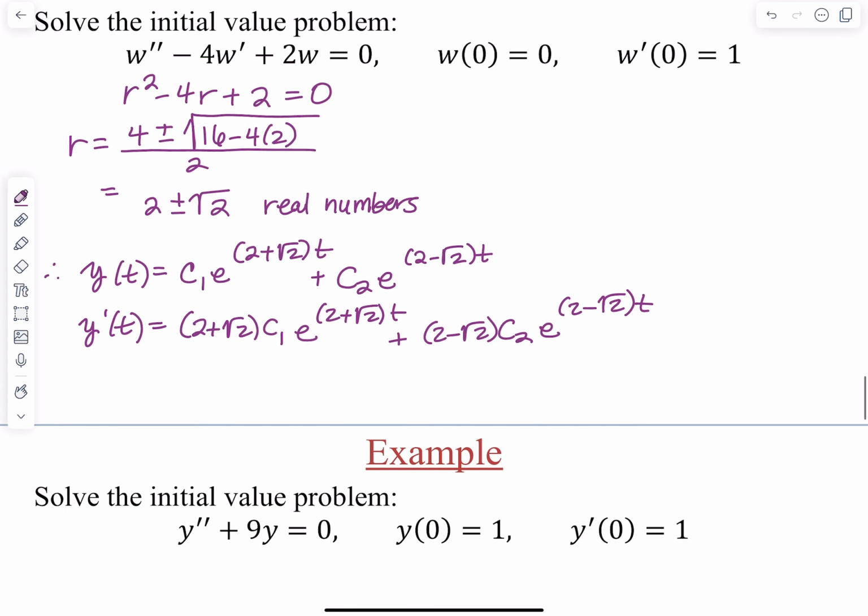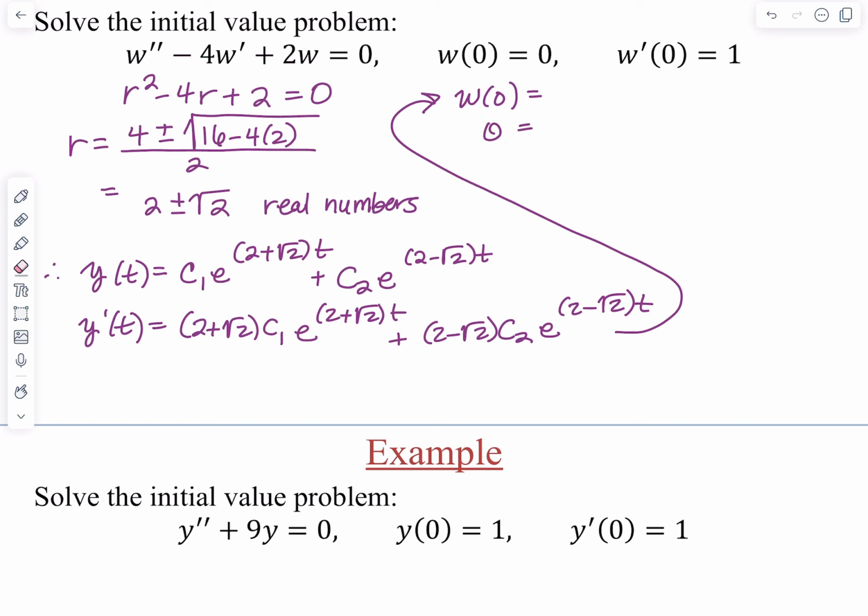So if we want to go ahead and use our initial conditions up here, you can see that w of 0, which is equal to 0, is equal to c1 plus c2.